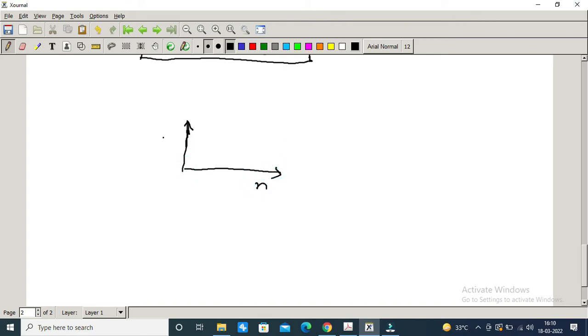Here this is your f(n), and this is your g(n) multiplied with some constant c, and this is your n naught.